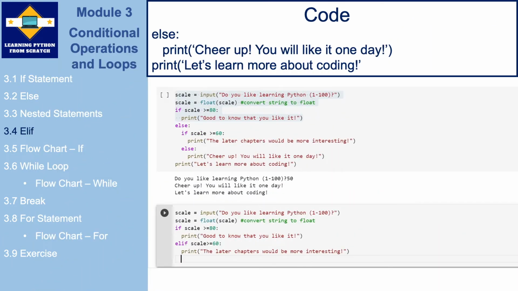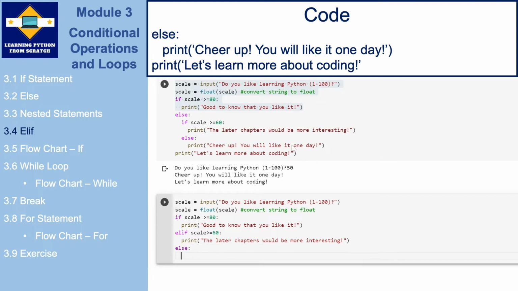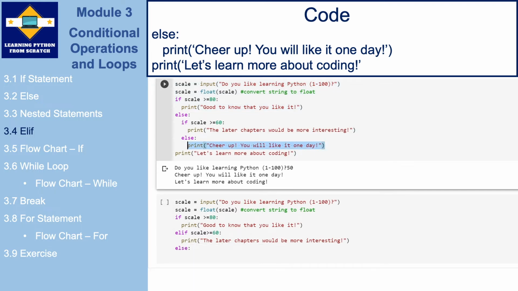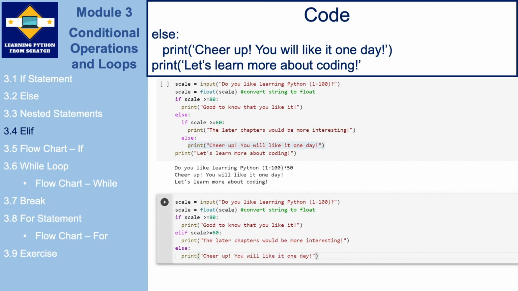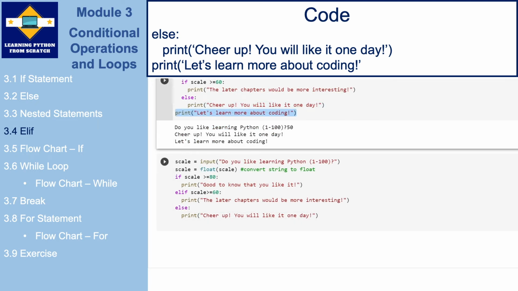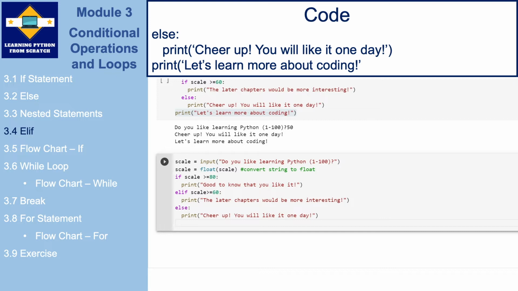The rest of the scale is less than 60, so we type else, print cheer up, you will like it one day. The last line of code is also the same as the previous example.